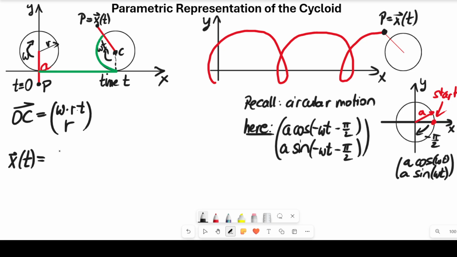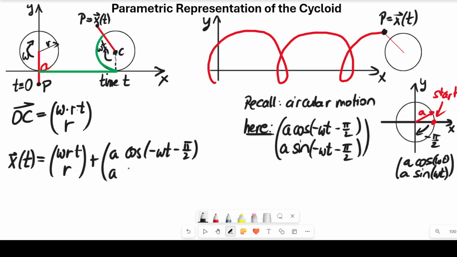What is it? First you go to the center of the circle, plus, so this is the center, and now plus this circular motion with the clockwise rotation, and started at 6 o'clock, minus pi half.